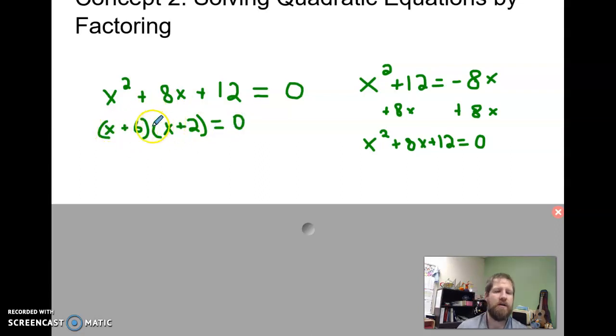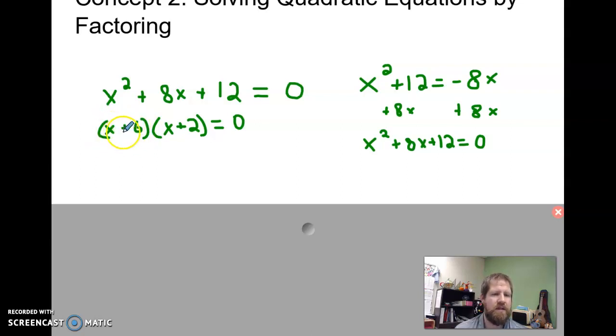And if you're not sure about your factoring, you can FOIL it back out to make sure you've got it right, but I'm feeling pretty confident. So we're going to go right into finding those zeros. And again, when we have no coefficient on our x in our factors, it's pretty easy because it's just going to be the opposite of whatever that value is.